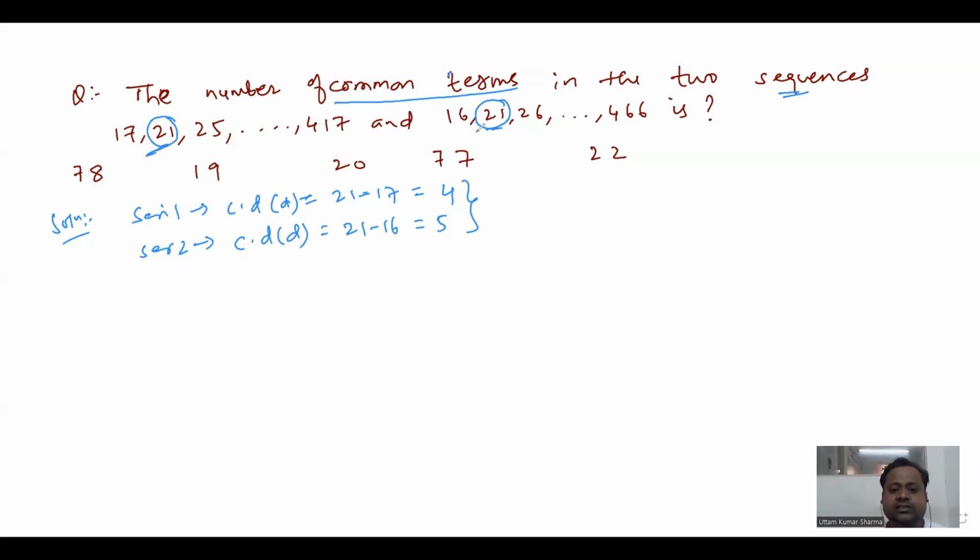Once you get the first common term, you know the series. The common terms, the shortcut of it is that the first term would be 21.